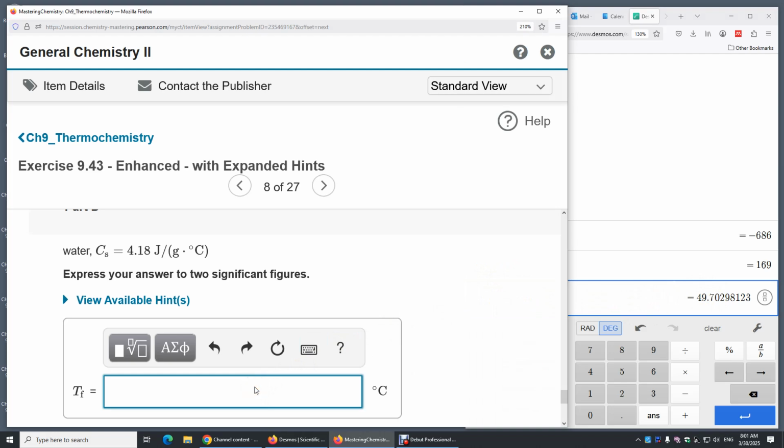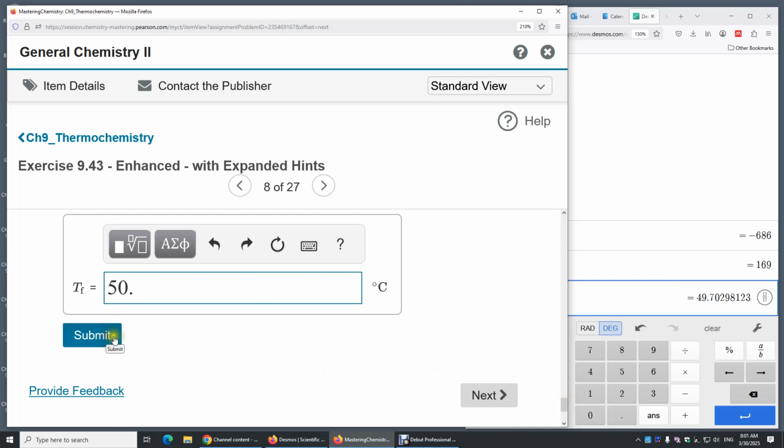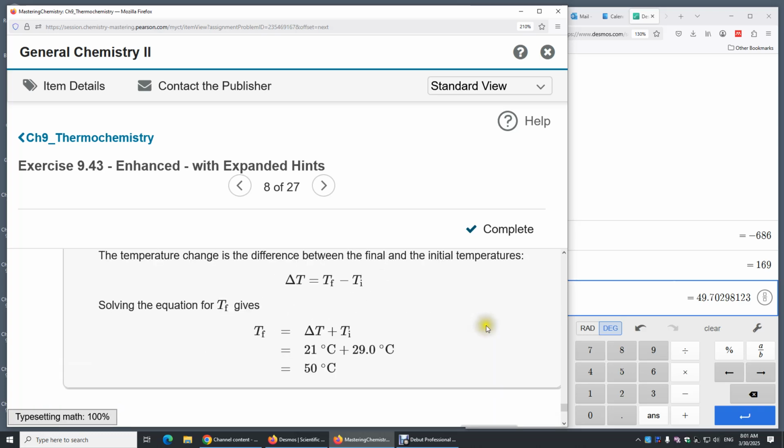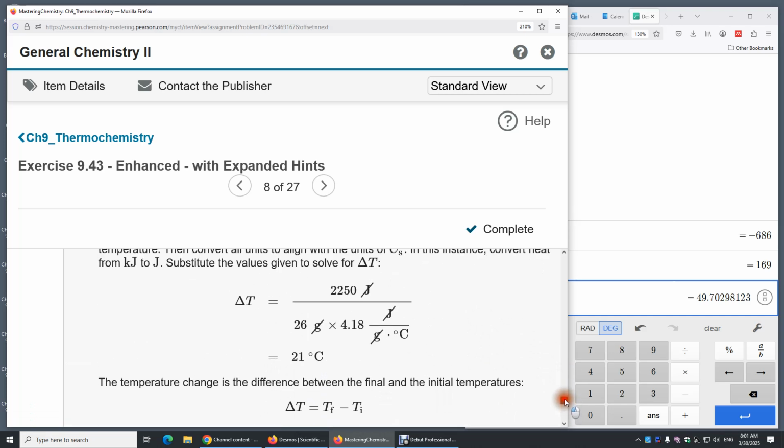Over here I just use 50, and I place a decimal point here to emphasize there are two sig figures. So delta T is only 21 here. Why is it only 21? Because of this very large specific heat capacity.